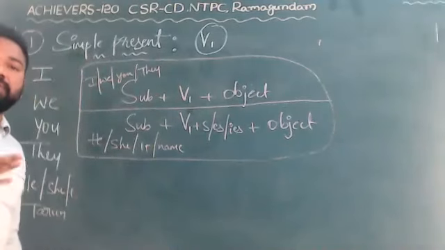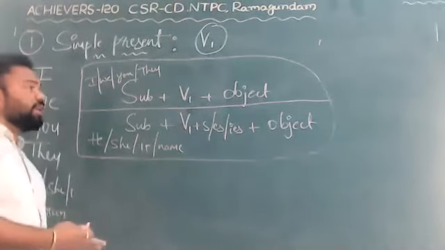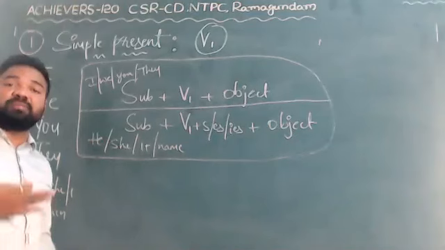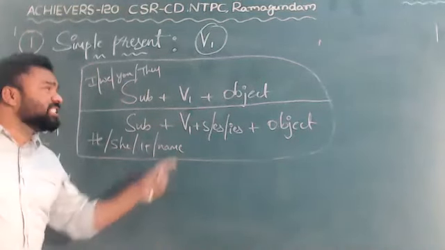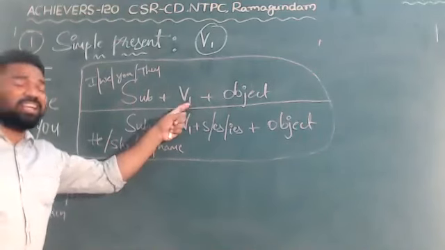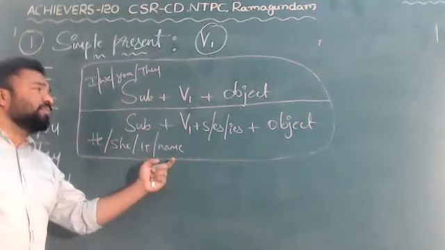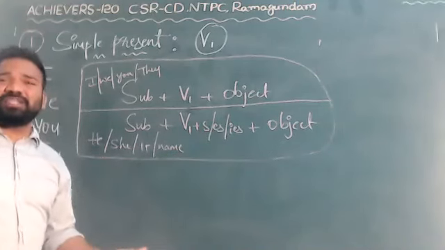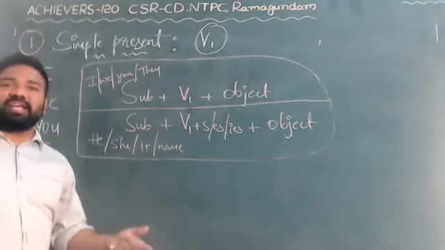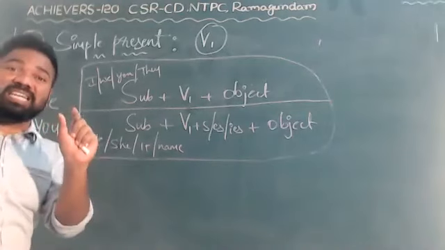These are the two formulae, students. We have here the structures we can make for simple present. First, for I, we, you, they, there will not be any change in the verb form. You understand? And when it comes to he, she, it, name, we do add s, es, or ies according to the situation. It depends upon the last letter of the word.